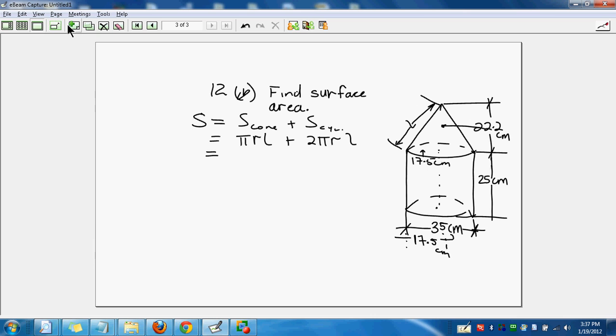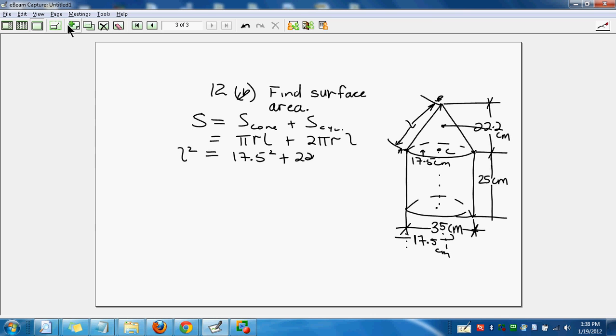So by Pythagoras' theorem, the hypotenuse in this triangle, let's call this triangle A, B, C, the hypotenuse L, which is the same as AB squared, is equal to side 1 squared, which is AC squared. So that will be 17.5 squared, plus side 2 squared, which would be BC.